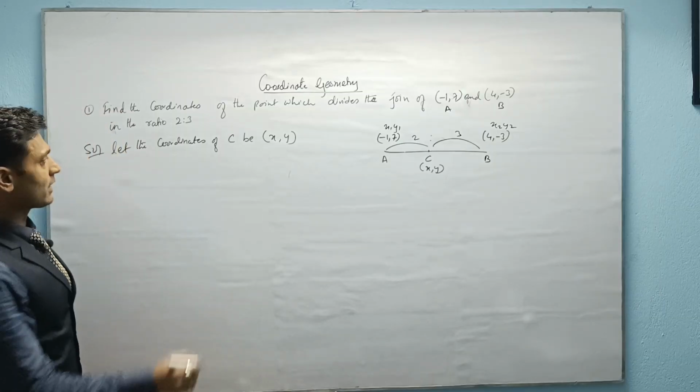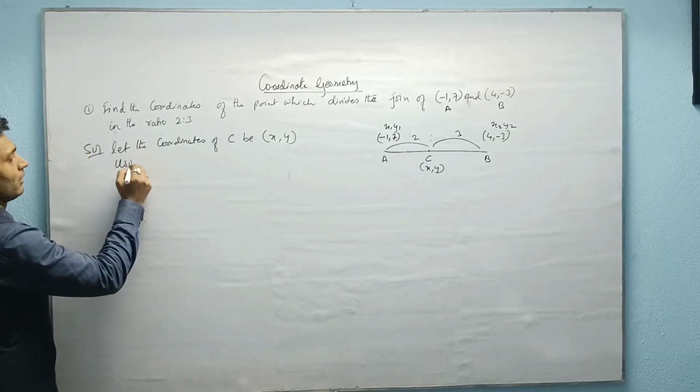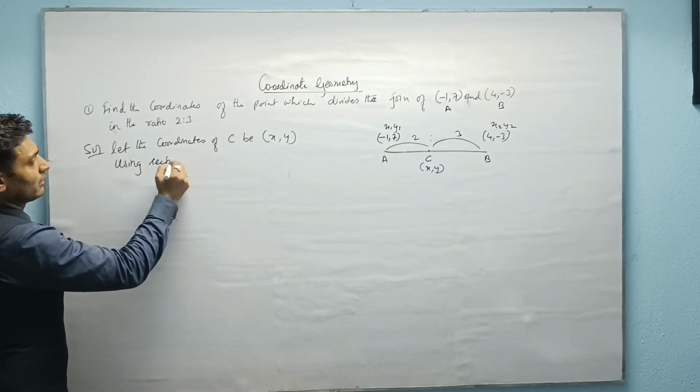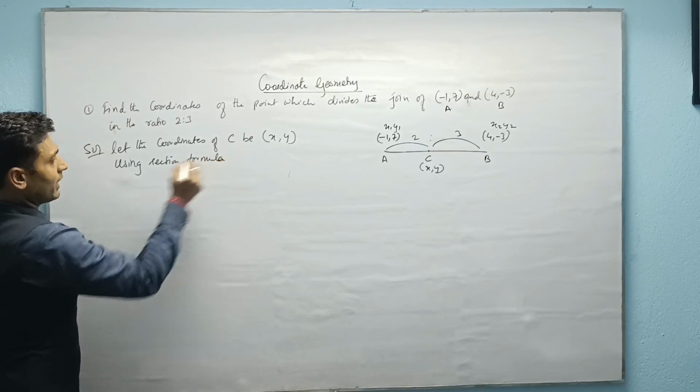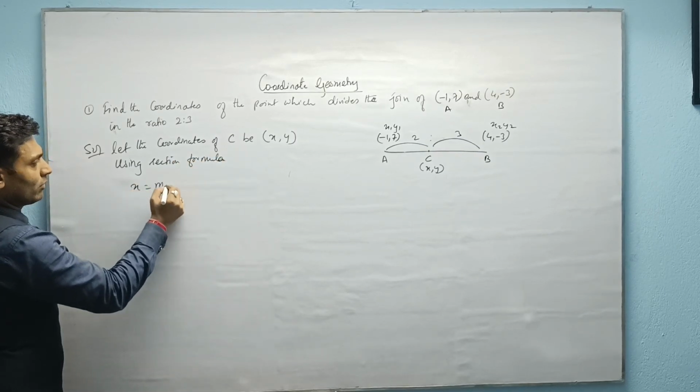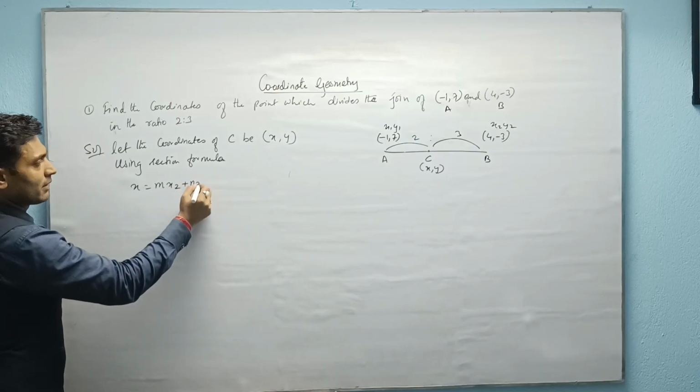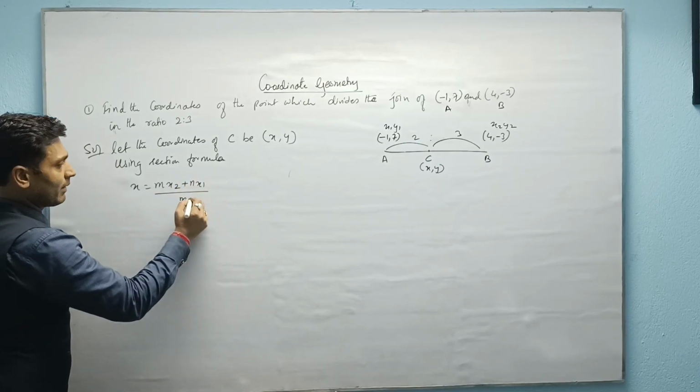Now we're using the section formula. Using the section formula, we can write x is equal to (mx2 plus nx1) divided by (m plus n).